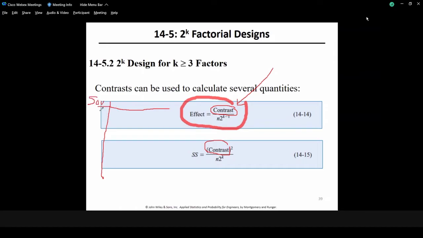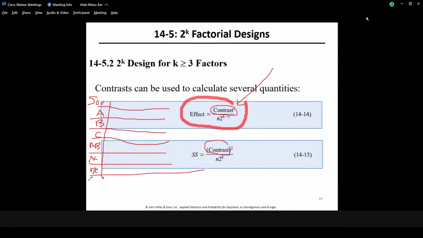For three factors, you have factor A, factor B, and factor C. These are the main effects. And then you have the two-factor interactions: AB, AC, and BC.